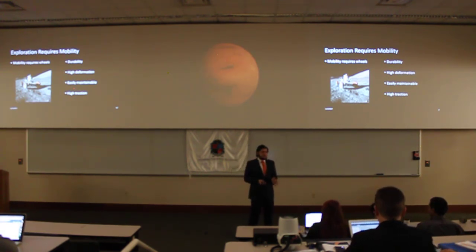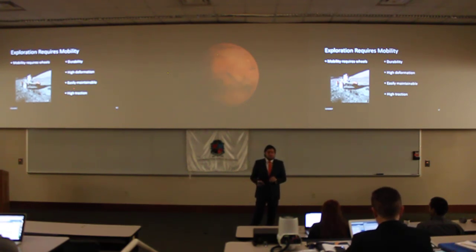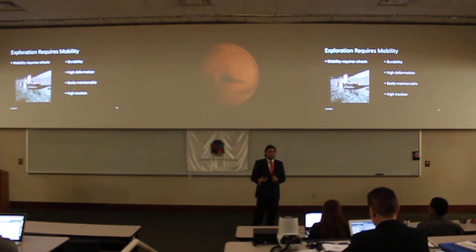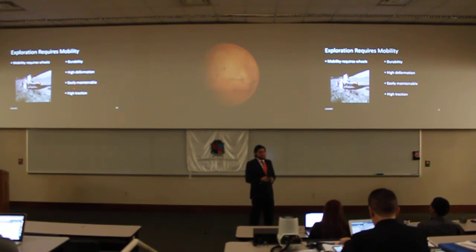We need durability, because they're going to be in a harsh environment for a long time. We need high deformation to comply with off-road terrain with rocks, edges and cliffs. We need them to be easily maintainable so that we can do maintenance on-site, and they require high traction.